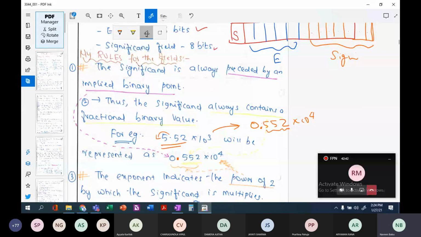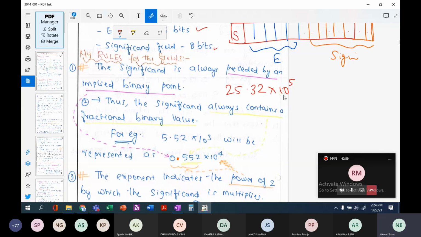Another example to take: say, for example, I want to represent 25.32 times 10 power 5. This is a human interpretation of a number. But for the computer, if I'm using this kind of format and setting these rules, first I will convert this number into one that always has an integer part of 0 and a decimal point, with all digits represented after the binary point.